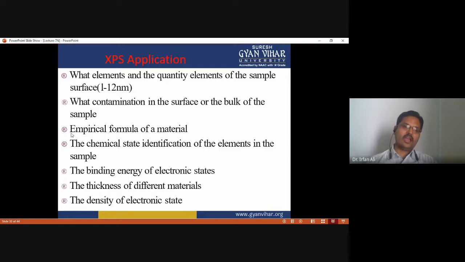The thickness of different materials and the density of electronic states we can also determine by the use of XPS technique.